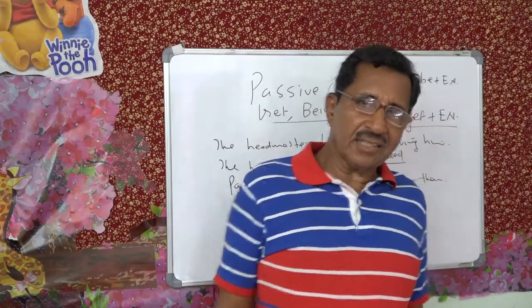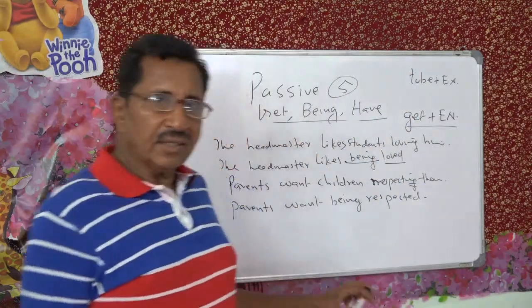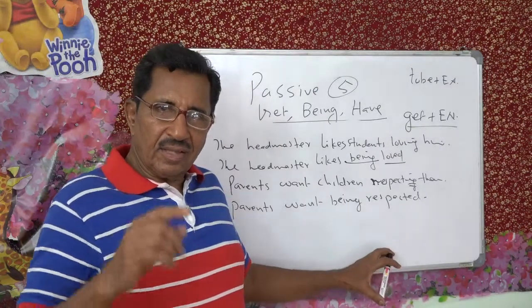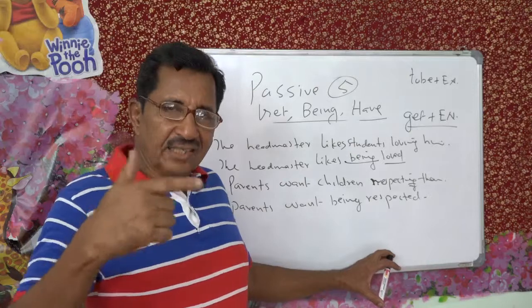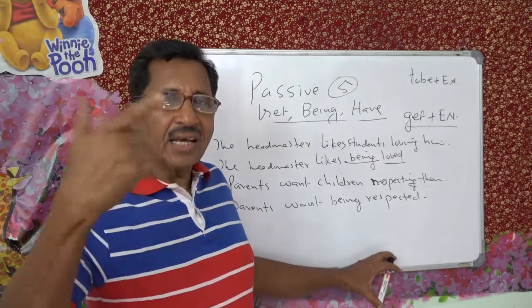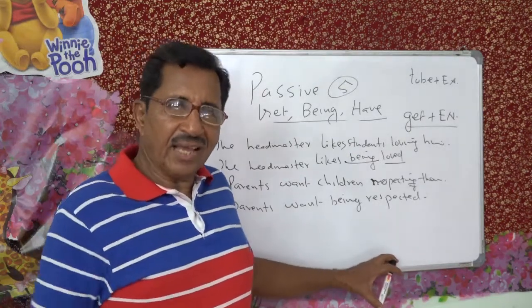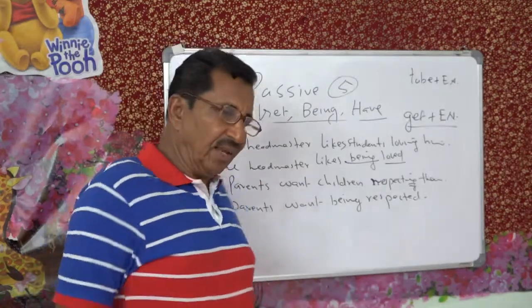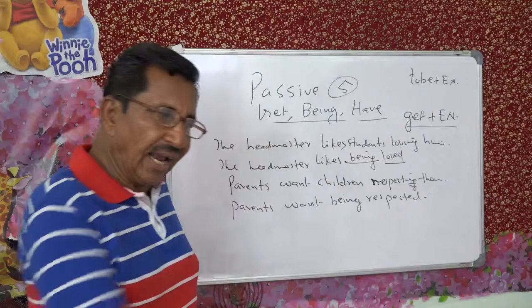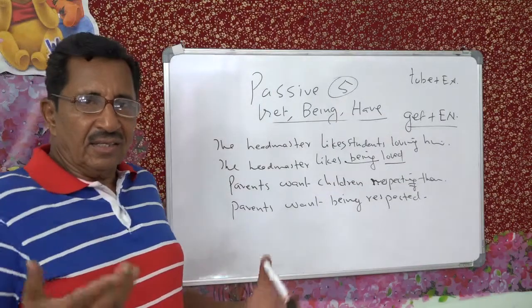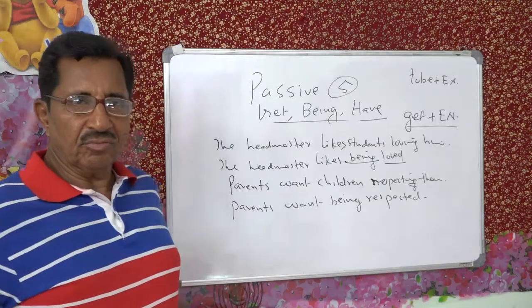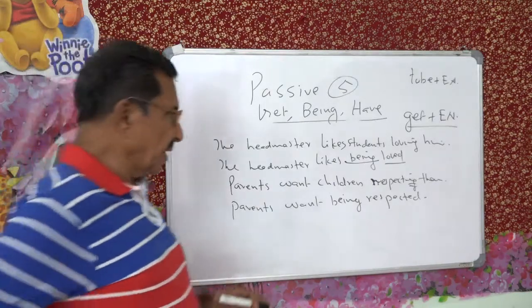Senior citizens want being respected, or being helped, or being guided. Suppose they have to cross the road, then being guided is what senior citizens would like youngsters to do. Okay, so being loved, being accepted.